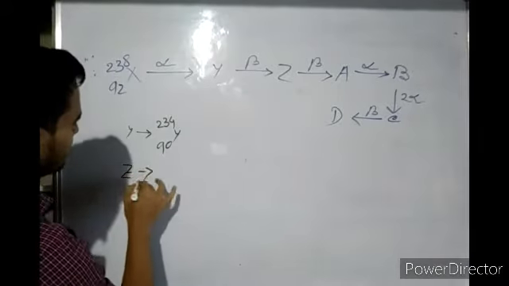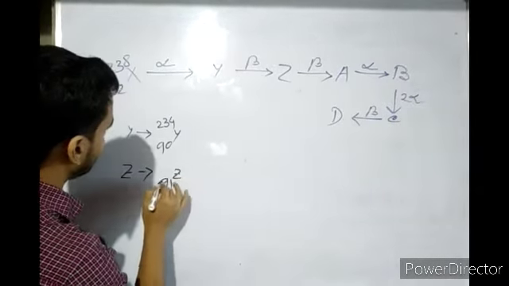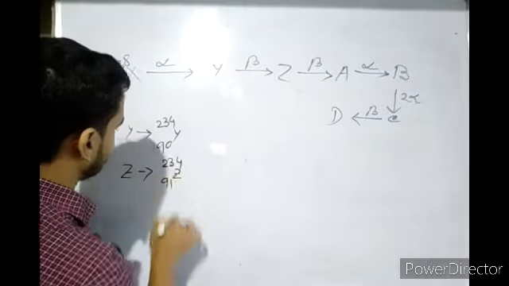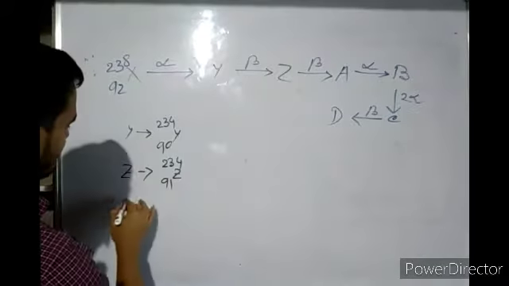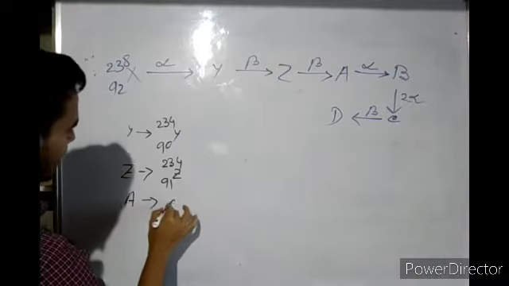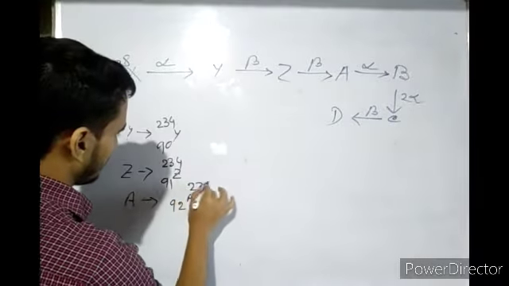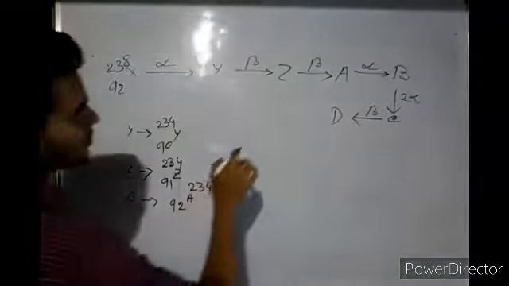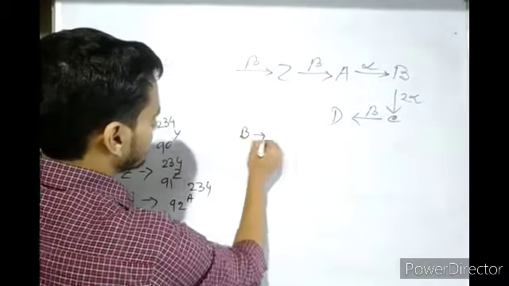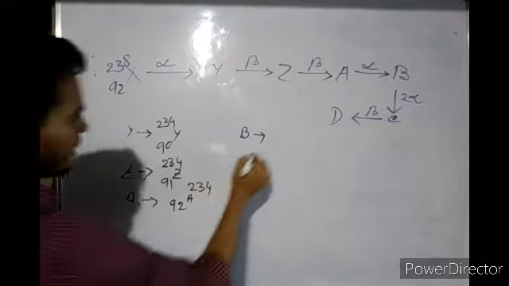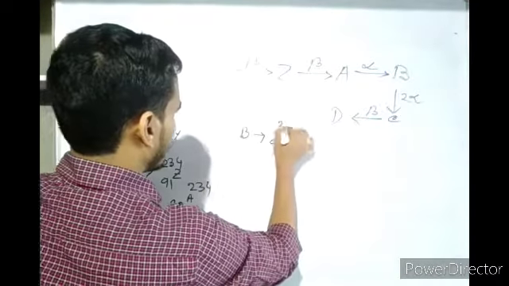Then Z would be 91, 234. Again beta, then A would be 92, 234. Alpha, then B would be 90, 230.